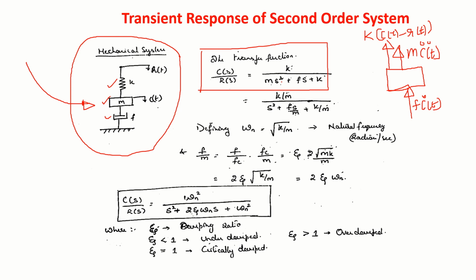Highest power of s is 2, it is second order, or it is characterized by a second order differential equation. Let us divide the numerator and denominator by m. So it is k by m, s square, f by m, and k by m. We define root of k by m as omega n. That is natural frequency, radians per second.